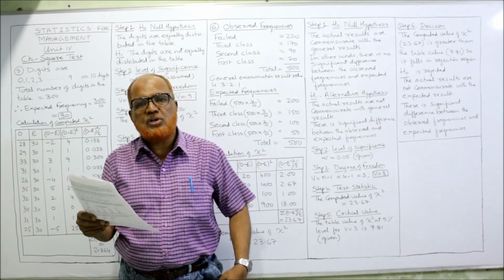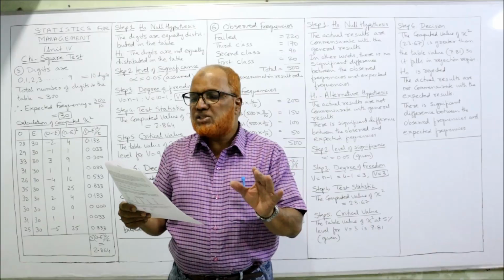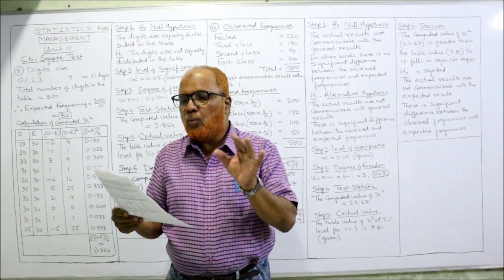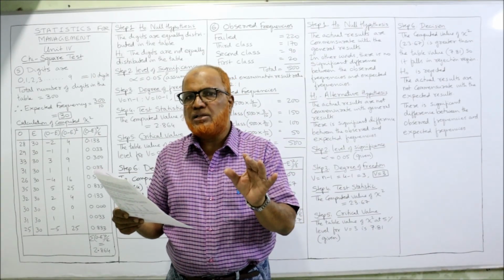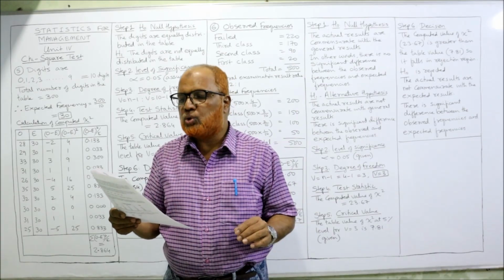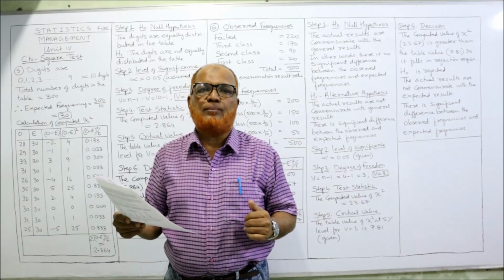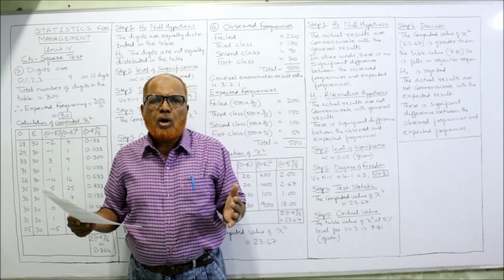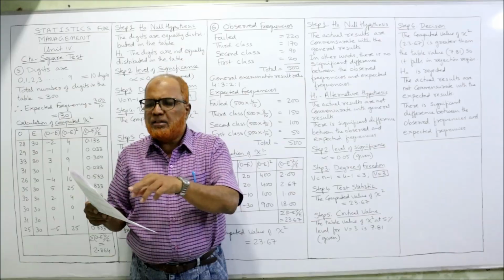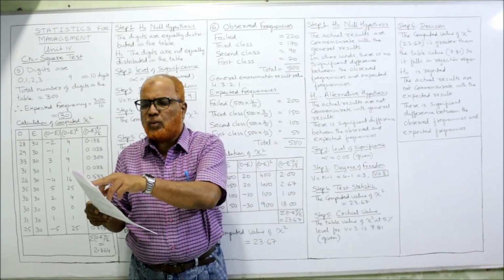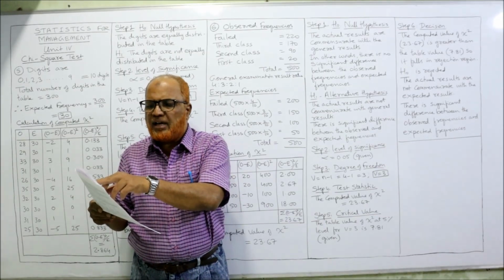Actual frequency, observed frequency. Now, are these figures commensurate with the general examination result, which is in the ratio of 4:3:2:1 for the various categories respectively? Normally, the results will be in the ratio of 4:3:2:1. That means 4 plus 3 is 7, 8, 9, 10.